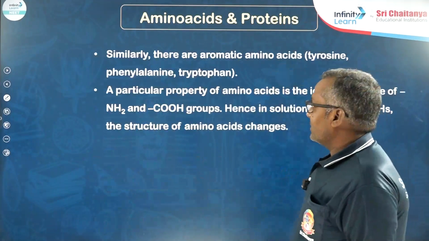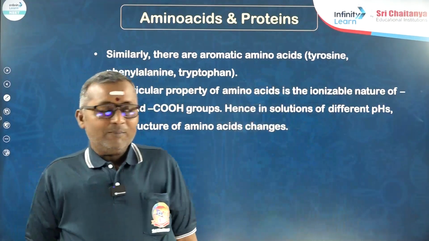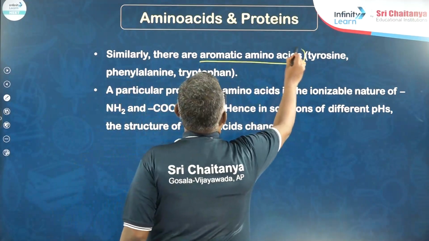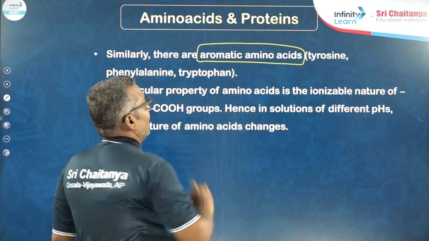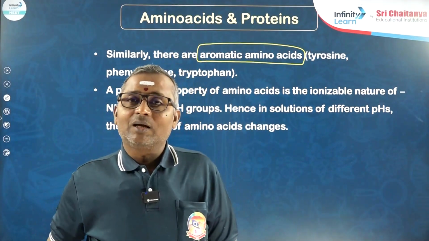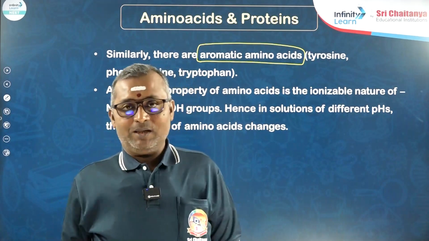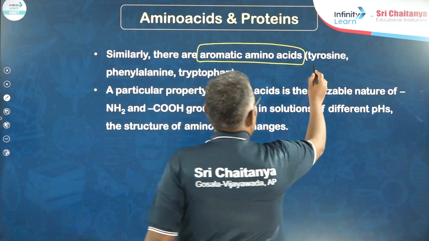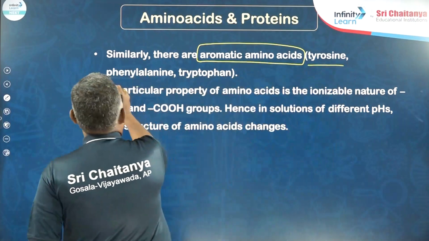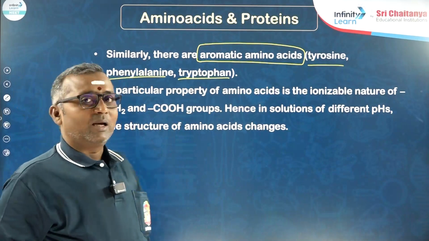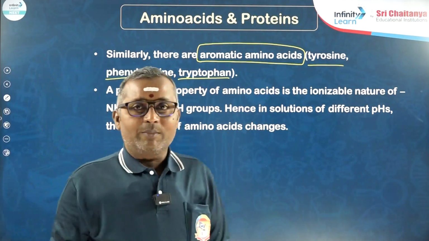In addition to these 3, there are also aromatic amino acids in living tissues. Aromatic amino acids, in a simple way, are amino acids with benzene groups. Examples: tyrosine, phenylalanine, tryptophan. These are the three important examples of aromatic amino acids.